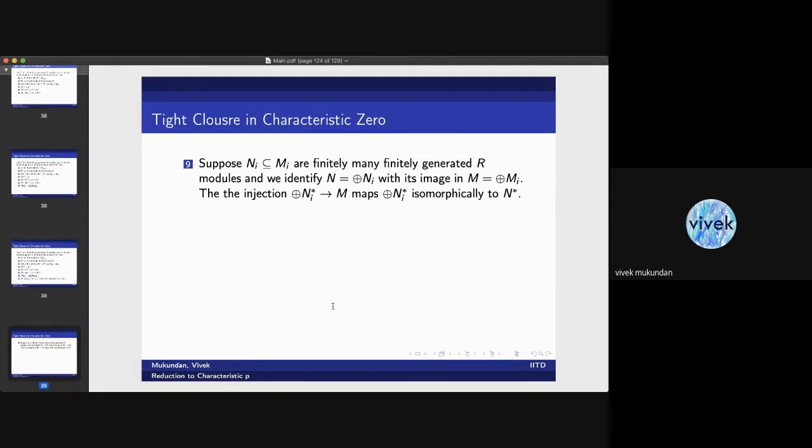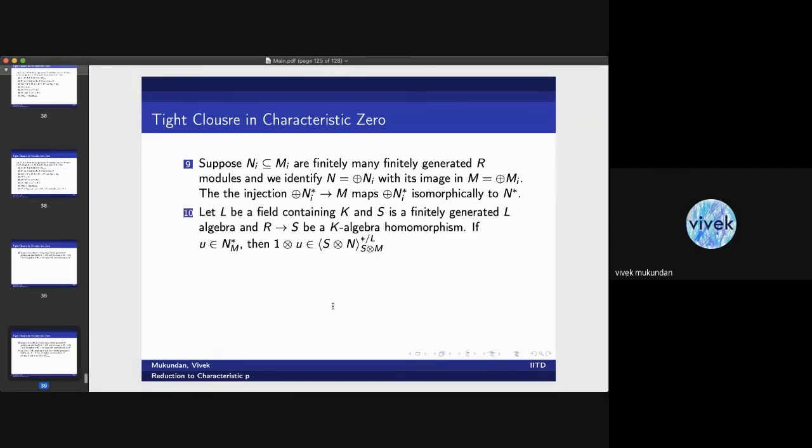We can identify N with the direct sum of the N_i, with image in M, which is the direct sum of the M_i. Then the injection of the direct sum of the tight closures maps to the tight closure of N.